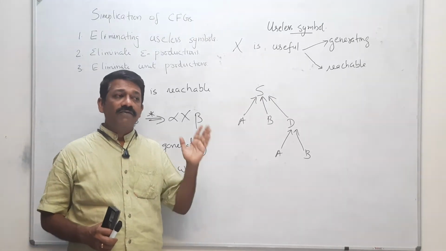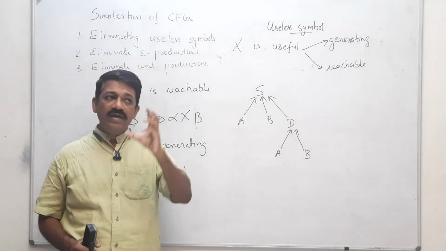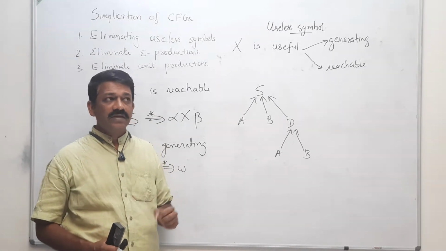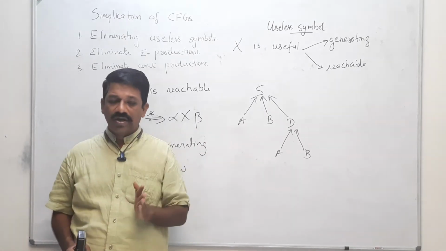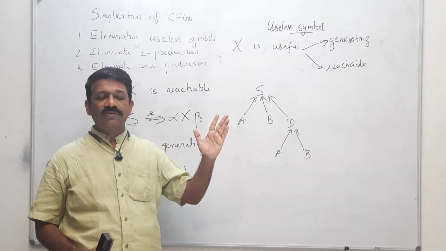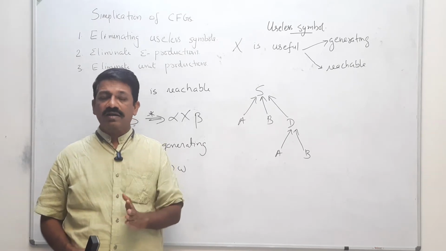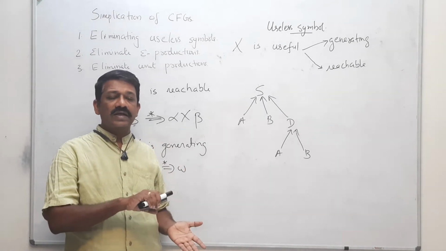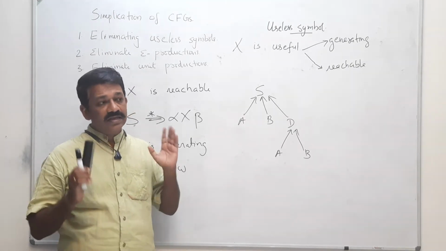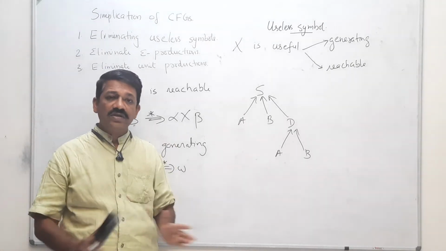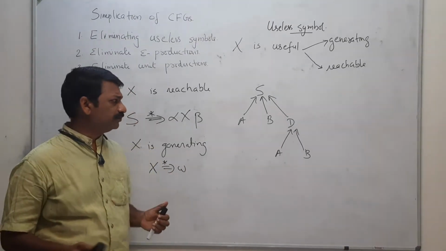Generating in the sense that from that symbol you should be able to derive a string. And reachable means from the start symbol in some derivation it should come. If a symbol is both generating and reachable, it is called a useful symbol. Any symbol which is not a useful symbol is a useless symbol.